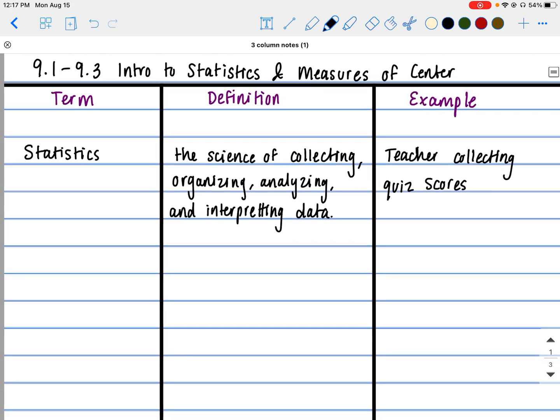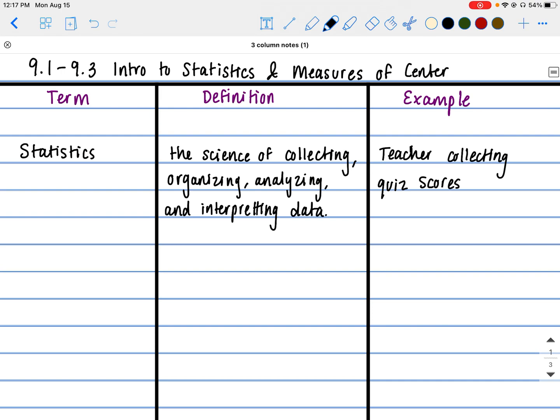All right, so talking about statistics, we want to learn what a statistical question is. So a statistical question, kind of a tongue twister. You can call it a stat question if you want. But remember, we talked about this a little bit in class. It's a question in which you would expect a variety of answers.